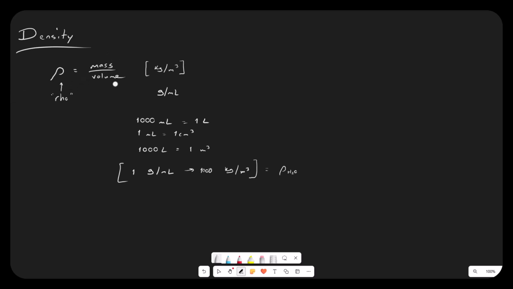So density is mass over volume. It's a measure of if I've got a certain amount of this thing, a certain space taken up by this is how much weight I have, this is how much mass I have. Water has a density of, like I said, 1,000 kilograms per cubic meter, which maybe to you sounds like a lot right away, but maybe it sounds like an abstraction.